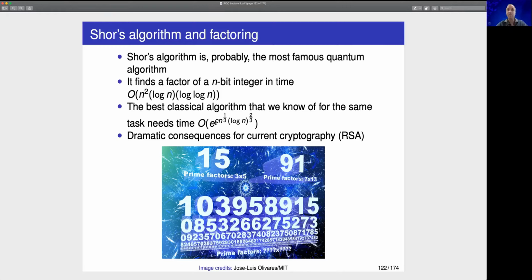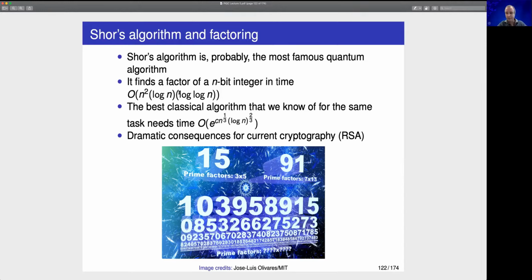Okay, so this becomes impractical very fast when we have, I don't know, several thousand bits in the expression of the integer that we want to factor, while this could still be doable with a quantum computer because the complexity in this case is polynomial. Okay, so this is an algorithm that is very important.